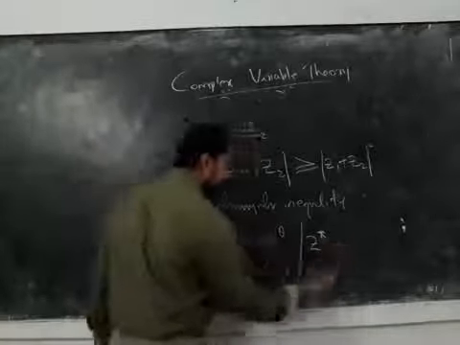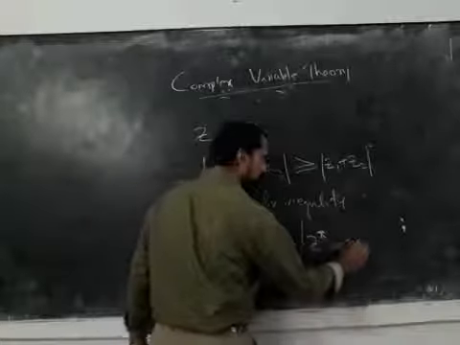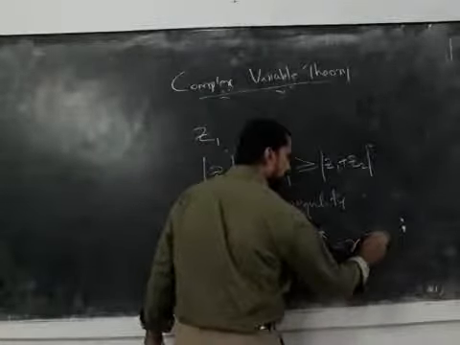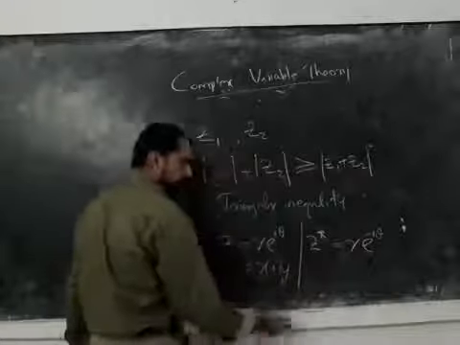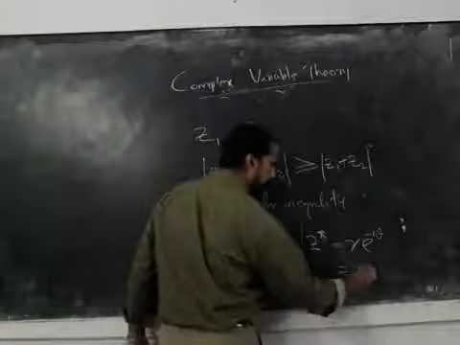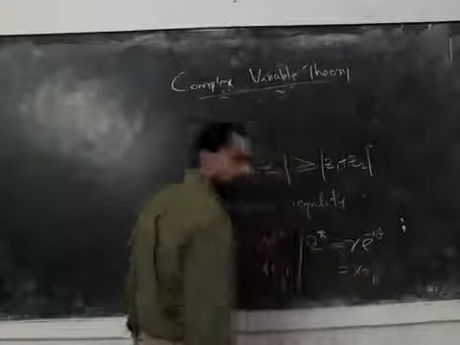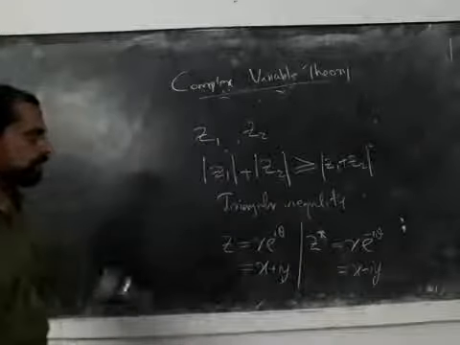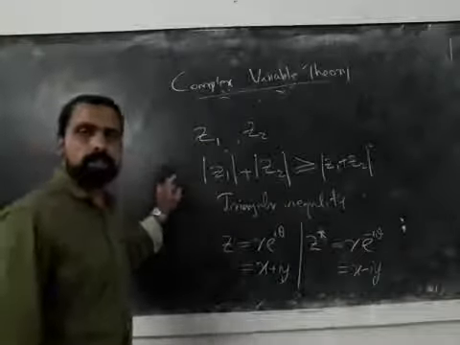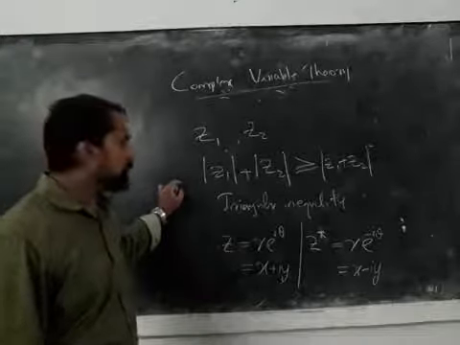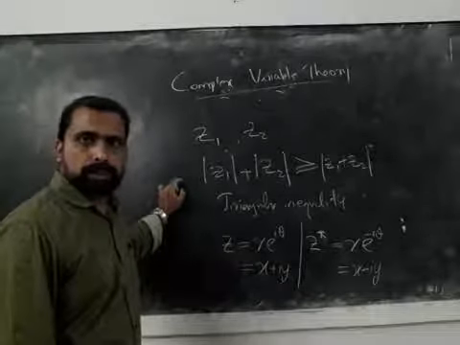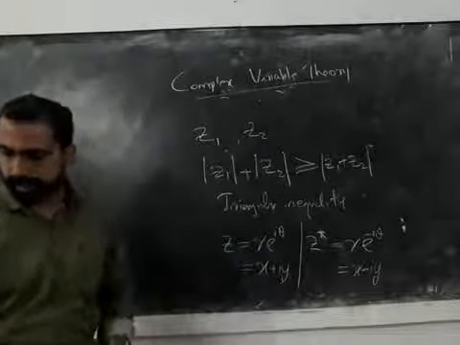This is equal to r e raised to minus i theta, or in the Cartesian, x minus iy. These are things you know very well. You studied all these in subsidiary mathematics, so these are the basics.